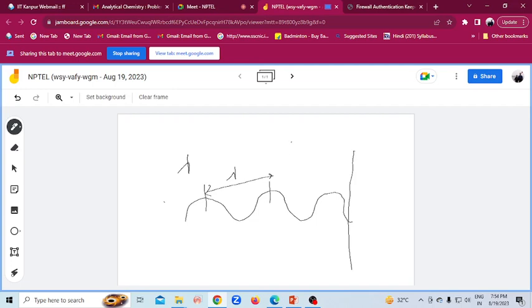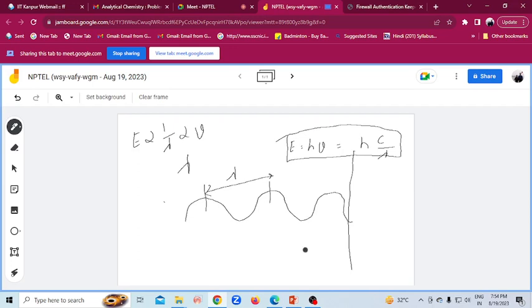So we can say E is equal to h nu, or h nu is equal to c upon lambda. By this relationship, energy is inversely proportional to lambda, and frequency is also inversely proportional to lambda.